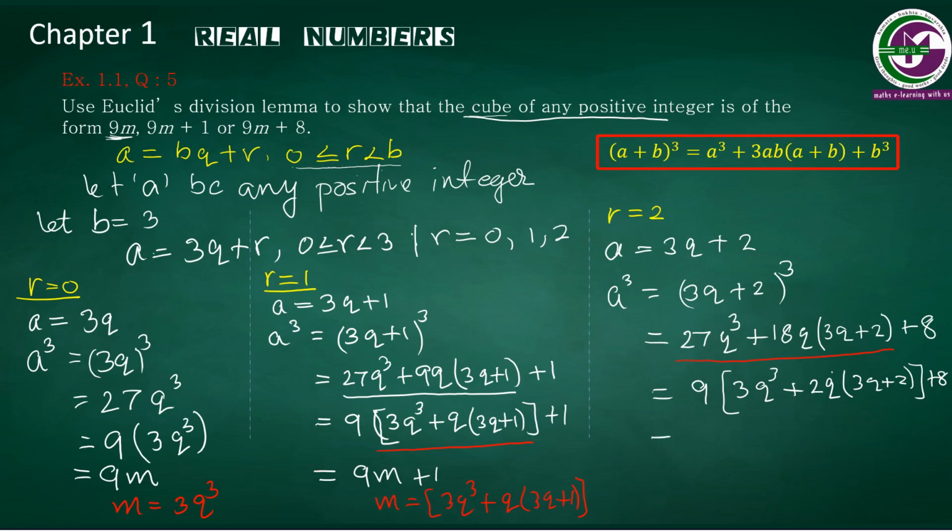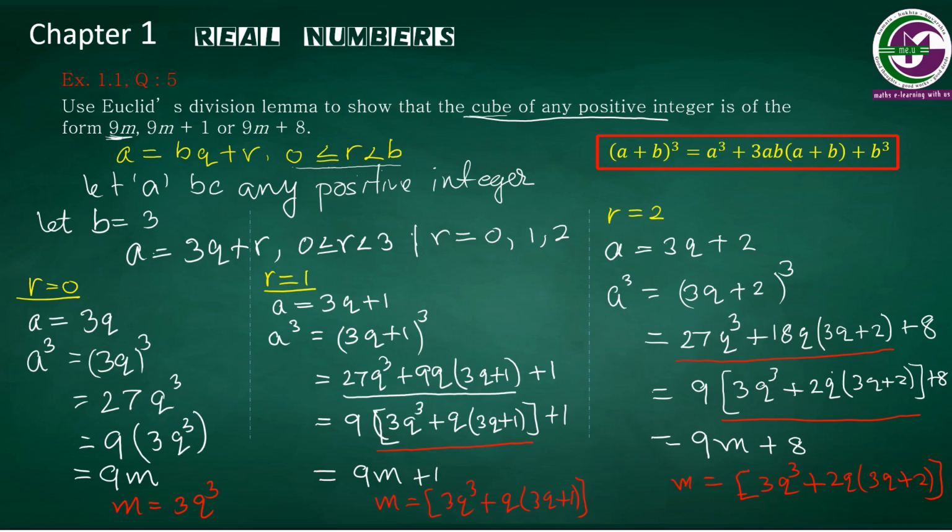And here, if all the bracket terms is taken as m, it is an integer, right? You can take it as 9m plus 8, where m equals 3q cube plus 2q times 3q plus 2.